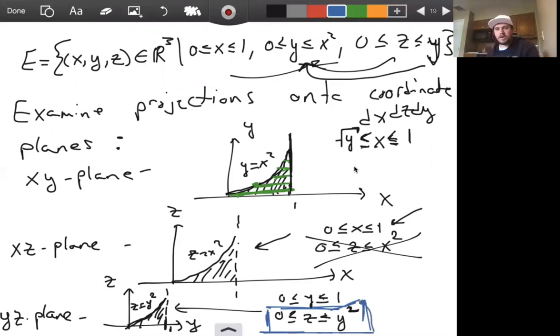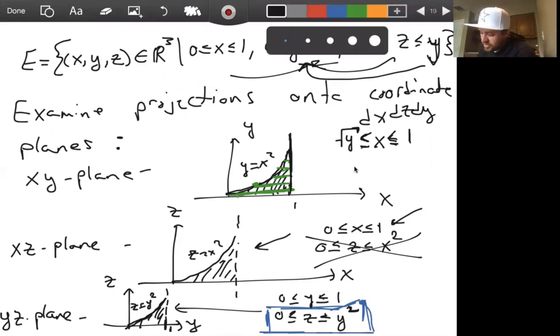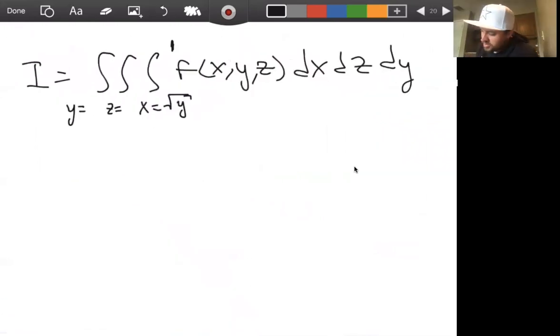Because if we've already integrated with respect to x, then the bounds past that integral can't have x in them. And so thanks to examining the yz plane, we get that our z bounds are between 0 and y squared.